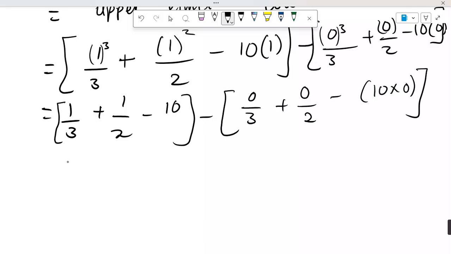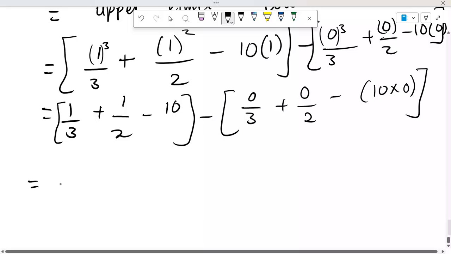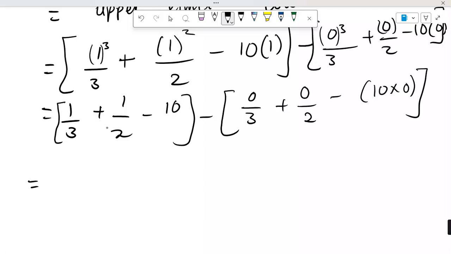So we do all the mathematics here. We can use BODMAS: brackets, division, multiplication, addition, then subtraction. So we'll start with addition, then subtract 10.